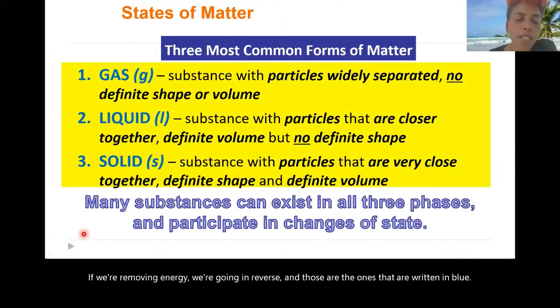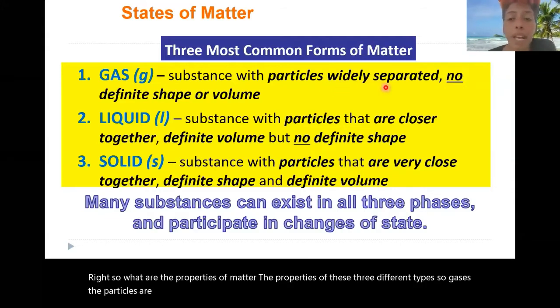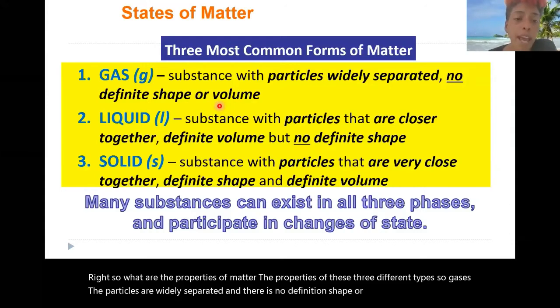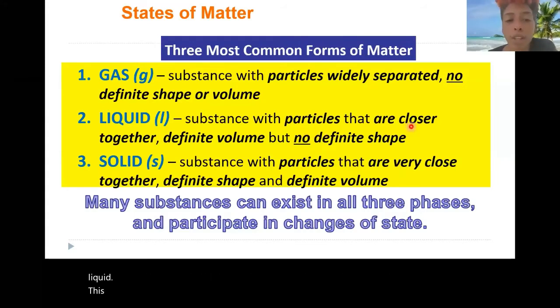Right, so what are the properties of matter? The properties of these three different types. So gases, the particles are widely separated and there is no definite shape or volume. Whereas liquid, the particles are closer together. There's a definite volume but no definite shape.